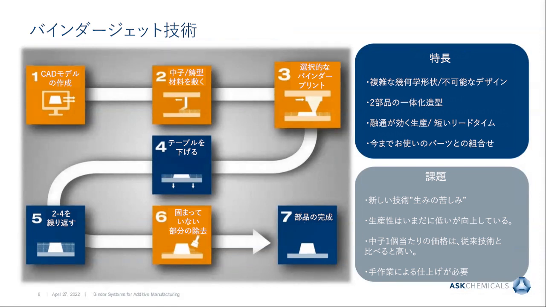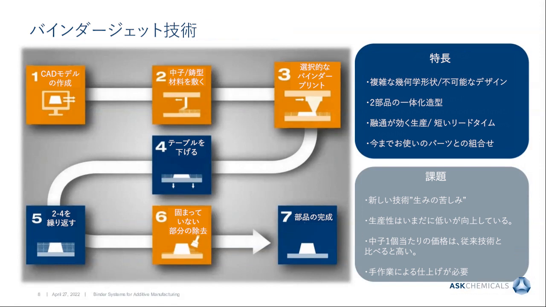From a price standpoint, printed cores are still more expensive than conventionally fabricated ones, so this has to be taken into account as well. And the process is not only about printing. After printing, the parts have to be finished, which nowadays requires manual labor. So this has to be taken into account as well.